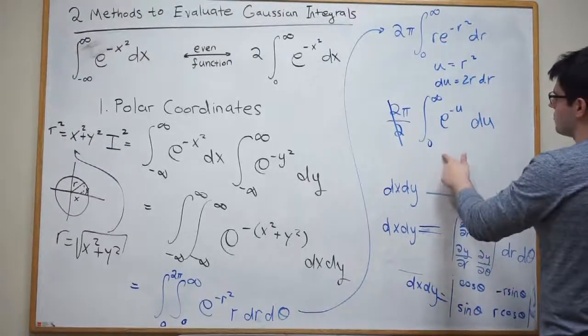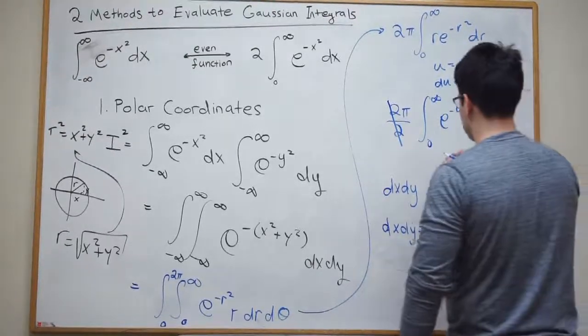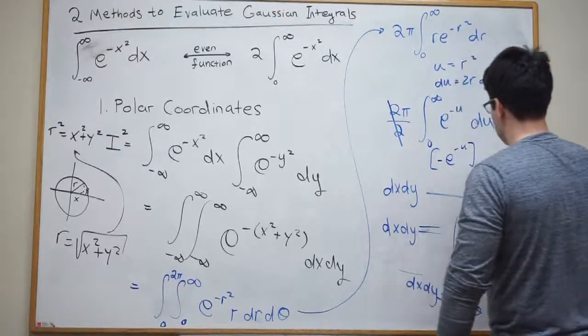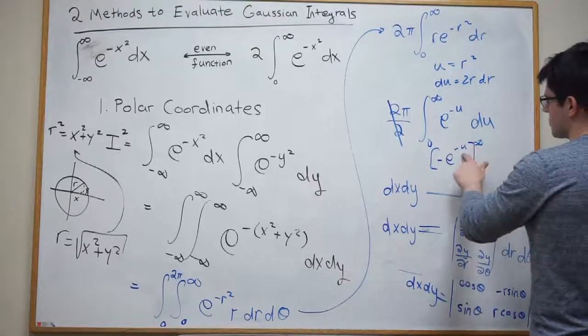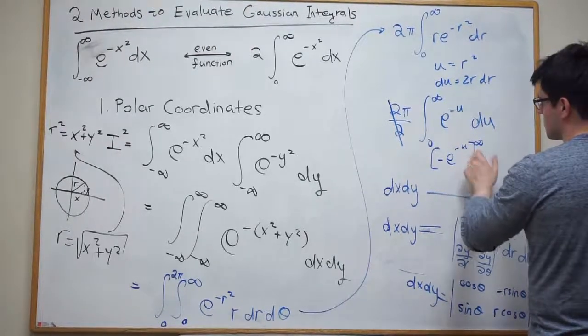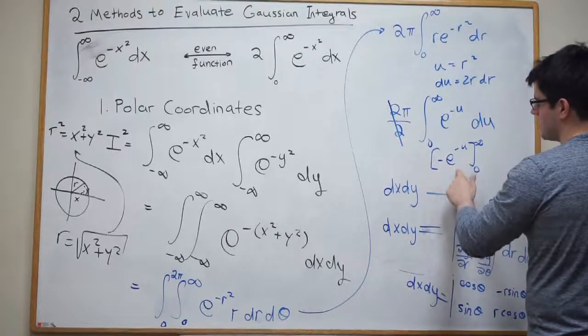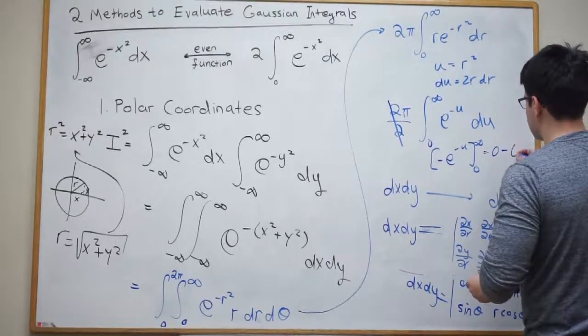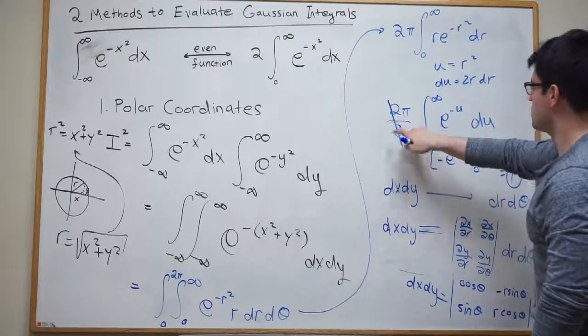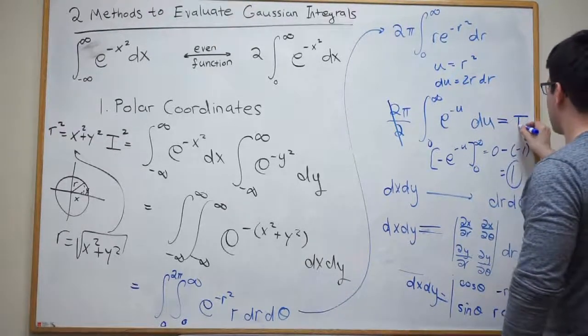This integral itself is just 1. We can show it really quickly: this goes to infinity, so this goes to 0. Minus e to 0 is negative 1, but then minus here, so you get 0 minus minus 1, so 1. So this integral is 1, the 2's cancel, and this just becomes pi.